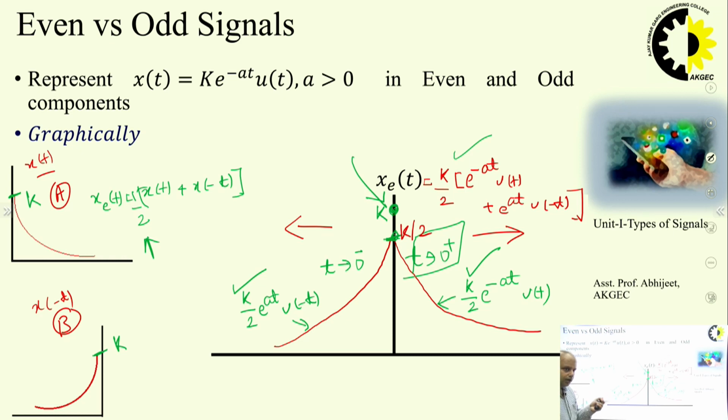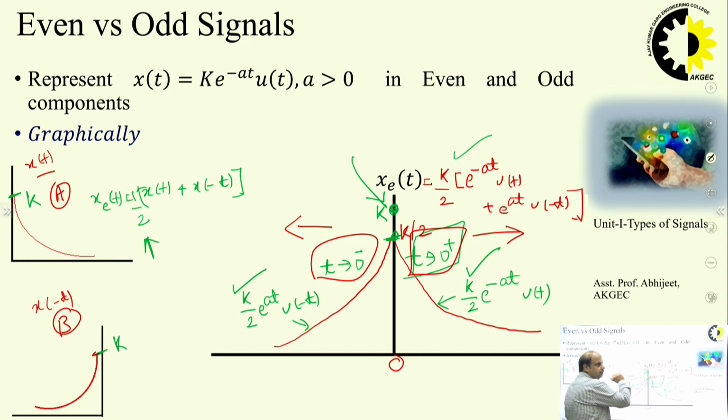We just move to the left, that is t 0 minus. At t 0 minus, the component of the b is k. And similarly at t 0 plus, the component of a is k, and the formulation is by half. So what we will get is k by 2 at t 0 minus, at t 0 plus we will get k by 2, at exactly 0, the limiting condition will get exactly k.